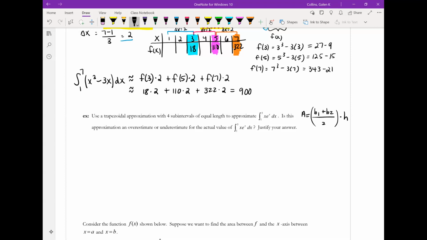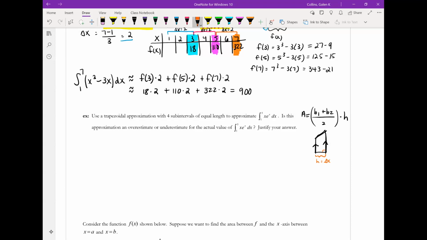So when we are talking about our trapezoidal sum, it's really important to remember that the bases are the 2 parallel sides. So the bases are going to be like f of 1 or f of 5, for instance. The height of our trapezoid is actually going to be our delta x.